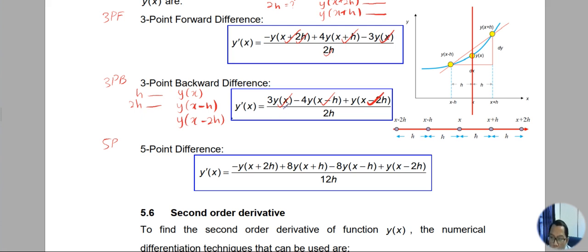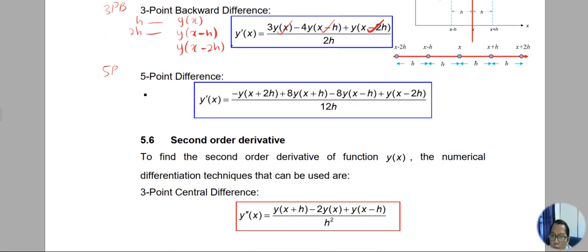And for the 5-point difference, you have to determine the value of h first, and then the value of 12h, and then first you have to determine the value of y(x), y(x plus h), y(x plus 2h), and then y(x minus h) for this one, and y(x minus 2h) for this one.